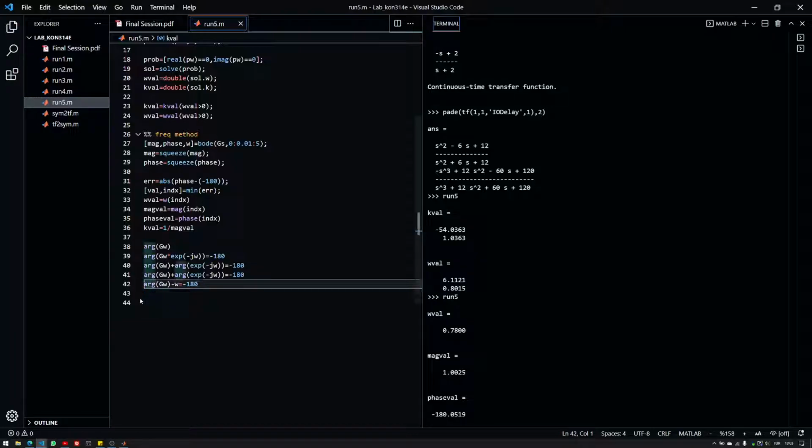So this is a bit tricky due to the fact that I'm looking at arg G(jω), and I try to determine what ω is. So basically, ω star should be written here. I'm looking for ω star, but I am looking at arg G(jω star).